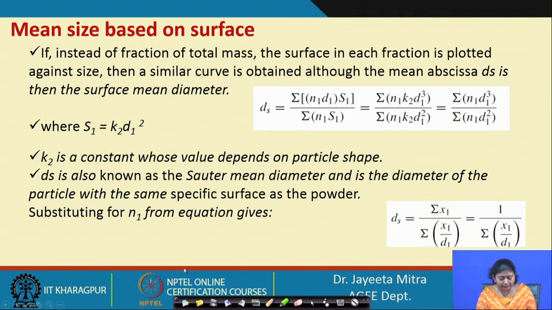It is also represented on a mass fraction basis: ds is summation x1, which is 1, divided by summation x1 by d1. So, 1 by summation x1 by d1 is the representation of the Sauter mean diameter.